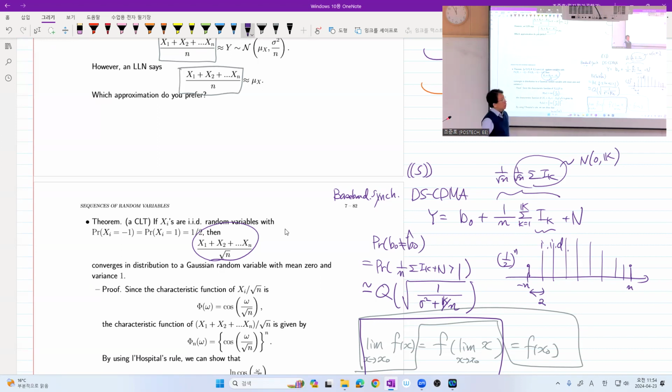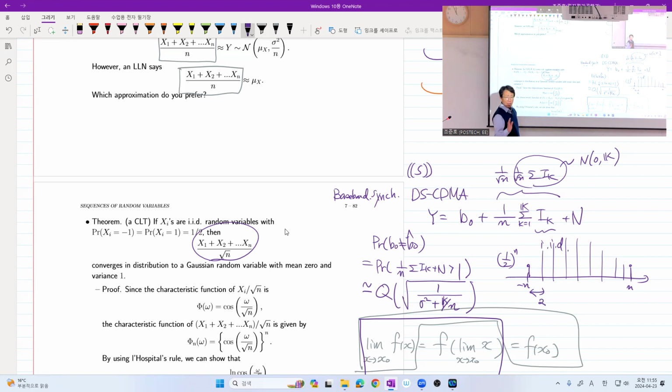Got it? So this is not exactly the central limit theorem. The central limit theorem is invoked to show that this term can be well written as 1 over square root n times a Gaussian random variable.